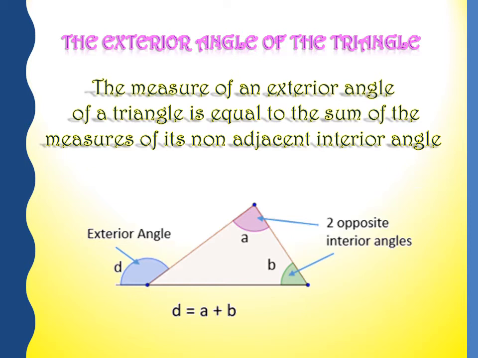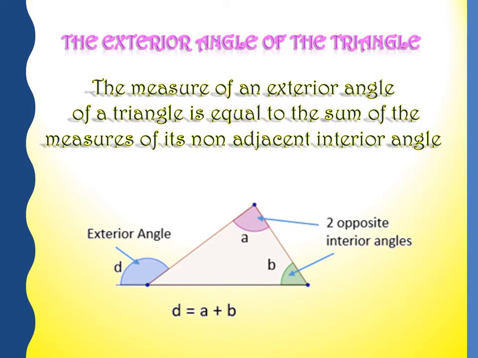And about the proof of this, we said from the previous theorem that the sum of the interior angles of any triangle equals 180. So, for any interior angle, the sum of the two other interior angles equals 180 minus its measure. And we know that the exterior angle and the interior angle are supplementary.